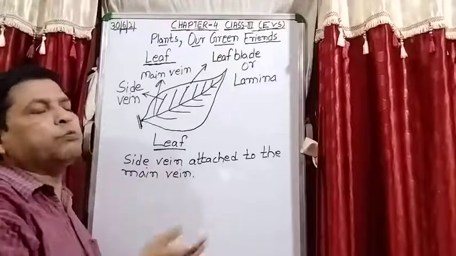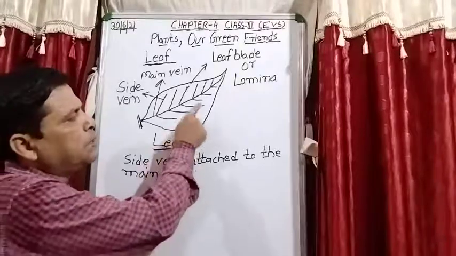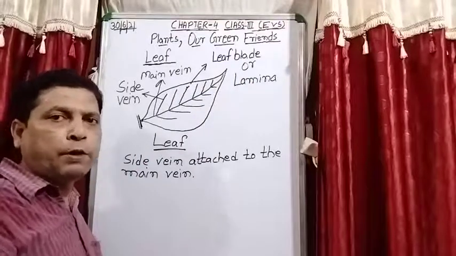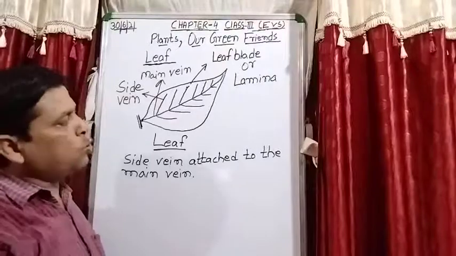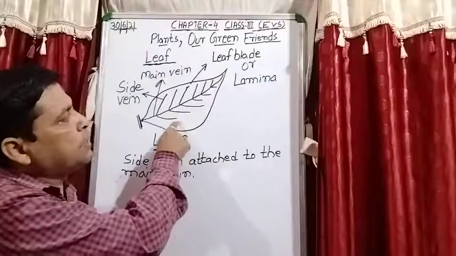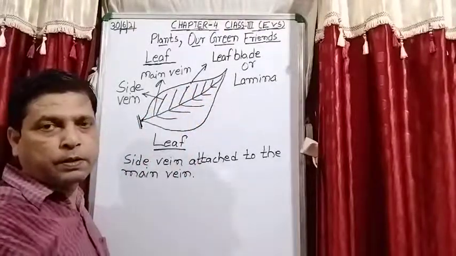So it helps to distribute water in the leaves, and this is done by these side veins. ठीक है, वाटर भी कह सकते हो. फिर लीव्स में जब फूड प्रिपेयर होता है तो उसको डिस्ट्रीब्यूट करने का भी वर्क करते हैं. So these side veins distribute water in the leaves, and these side veins are attached to the main vein. Is it clear?